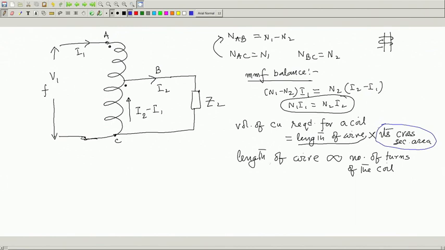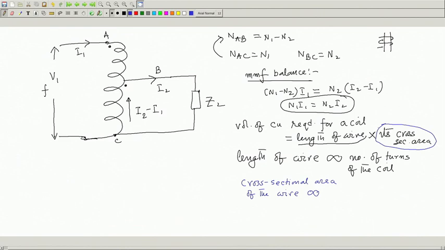Cross sectional area of the wire, the cross section which is forming the coil, will be proportional to the magnitude of the current, because based on the magnitude of the current only, thicker or thinner wires are chosen, is it not?